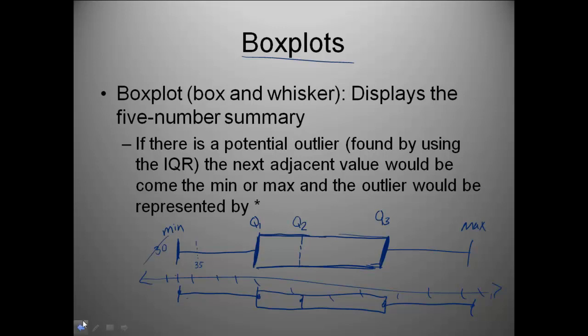Well, if I have to kick 30 out of my group, instead of putting it as the end of my box plot, it is going to become an asterisk, and my next lowest value, so let's say my next lowest value was 38, that will become the new end of my box plot. So if there is a potential outlier, it'll be represented by an asterisk, and then I just kick that one out of my set, and I go to my next lowest value for my minimum.